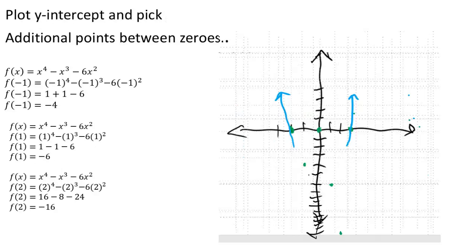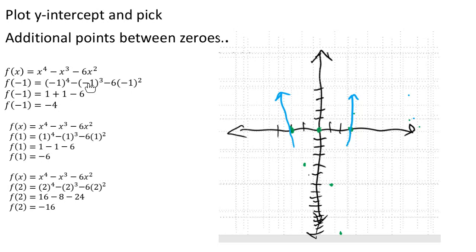So what I use on the next page is -1, +1, and +2. I want to know what happens here, here, and here. Do you have to do all 3? No. You could do 2, or can you do more? You can do more. If I get -1 for x to the 4th, and then -1 for the cube, and -1 for the square, so I get -1 to the 4th is 1.